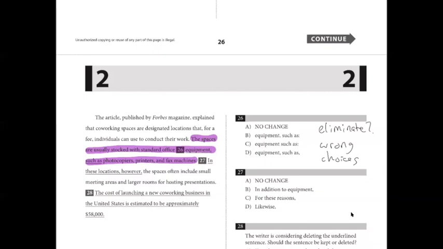You've learned the mistakes, you eliminate the wrong ones. So please use the rules. This is a tricky one, I'm telling you. I'm going to do this one.